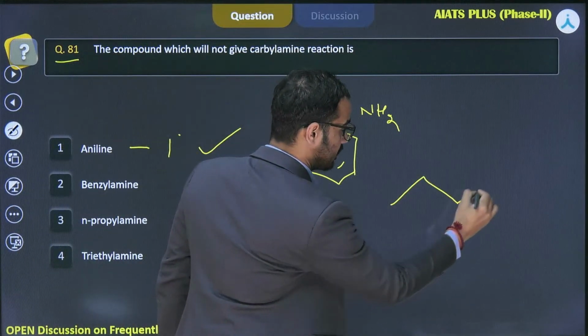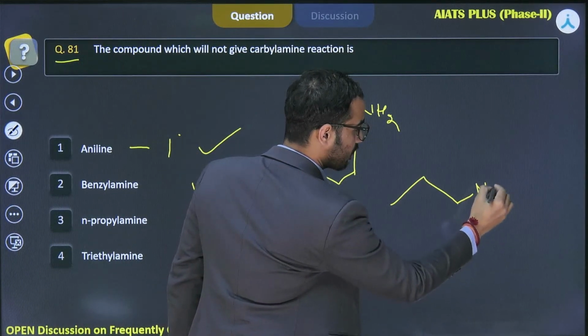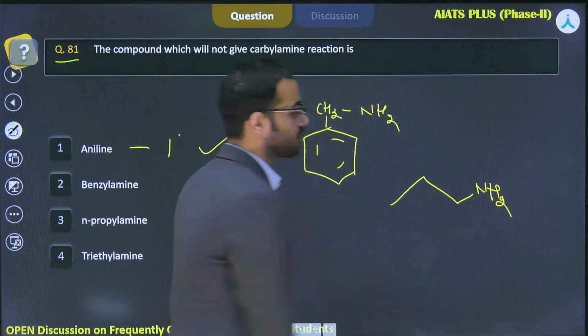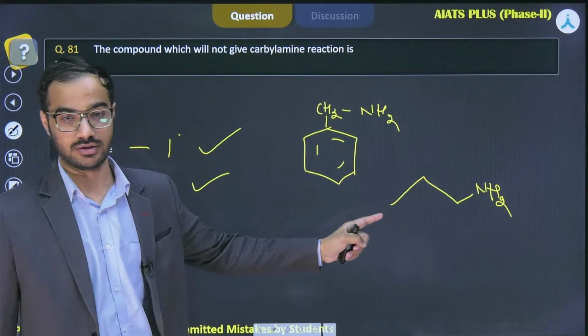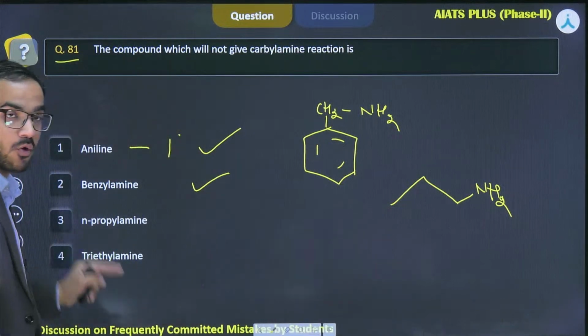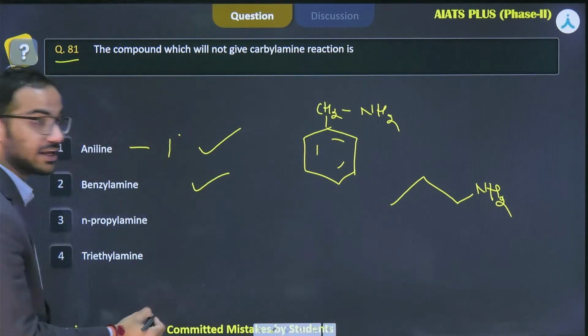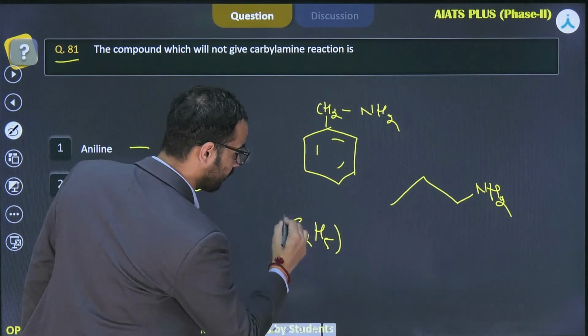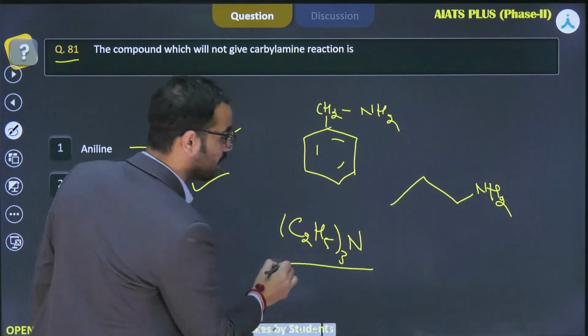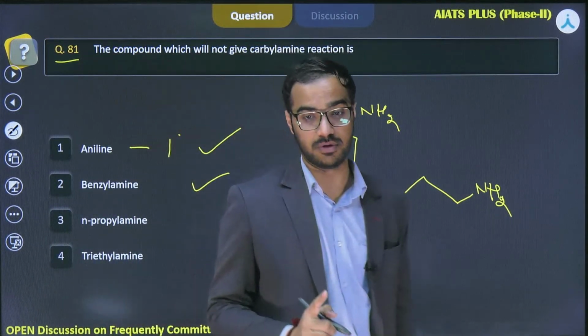N-propylamine is like this. This is also 1 degree, so it can also undergo the carbylamine reaction. And in the fourth, you will be having triethylamine. We can write it as (C2H5)3N, and this is a 3 degree amine.